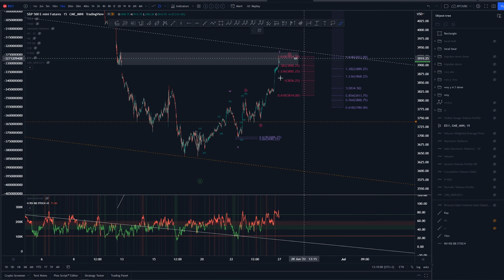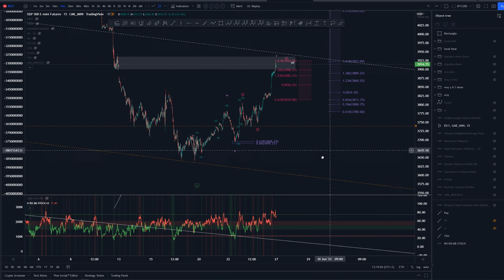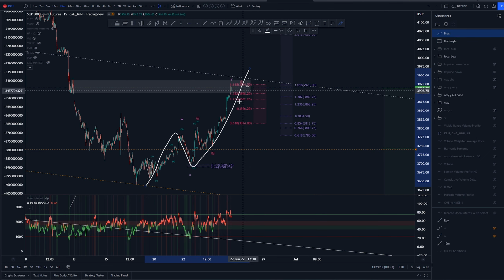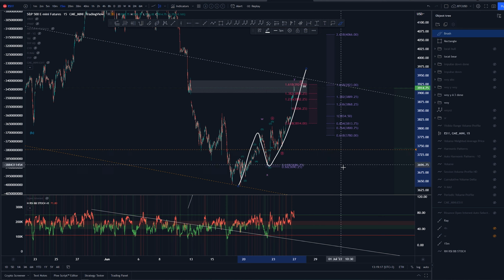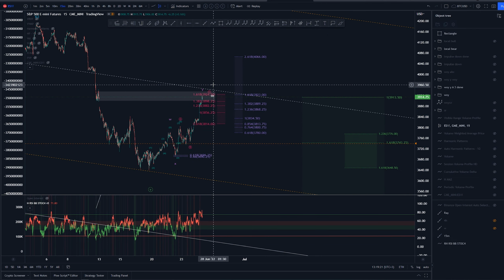And that would turn this structure into an A, B, and C. However, again, more likely is some kind of 1, 2, 3, 4, 5 as we have extended so far. But it is still possible that it is still that ABC, that we are generally looking for the wave B to get up higher, right? So these are the possibilities.